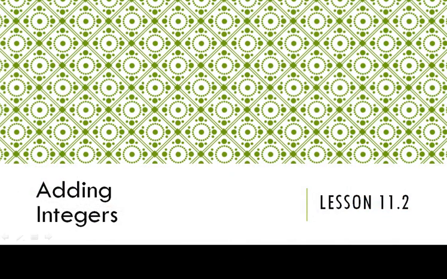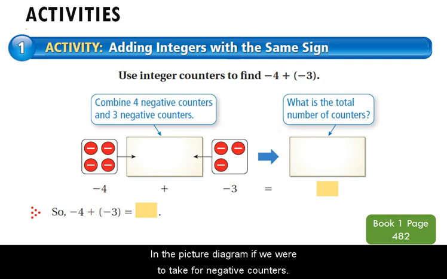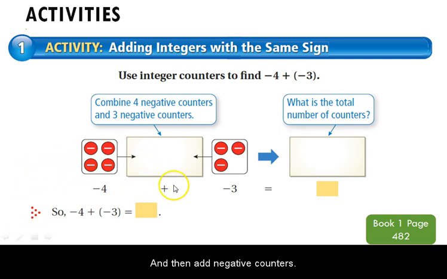Adding integers. Let's investigate by looking at the activity, adding integers with the same sign. The question posed: use integer counters to find -4 plus -3. In the picture diagram, if we take 4 negative counters and then add 3 negative counters, what will we end up with?